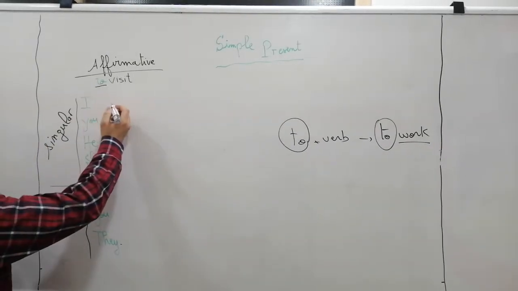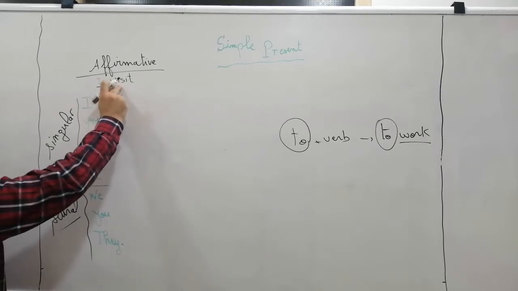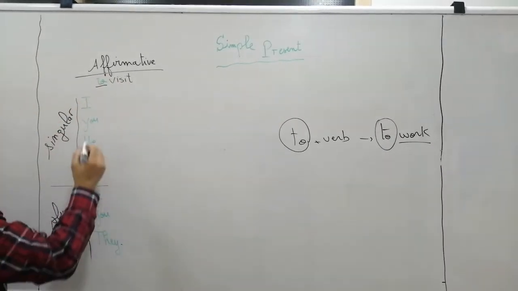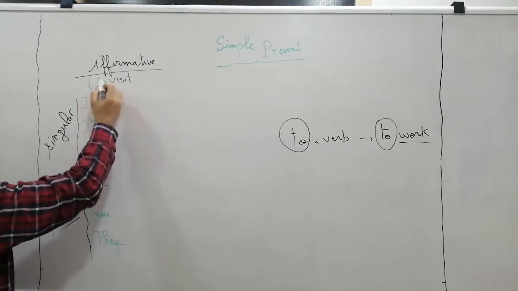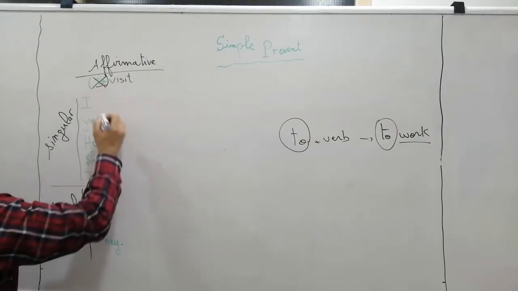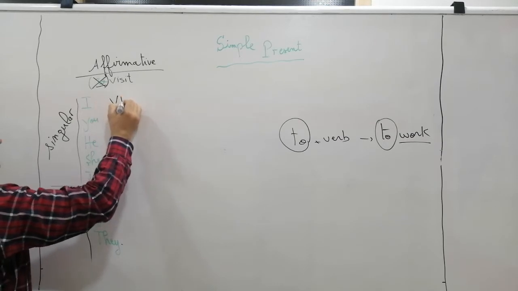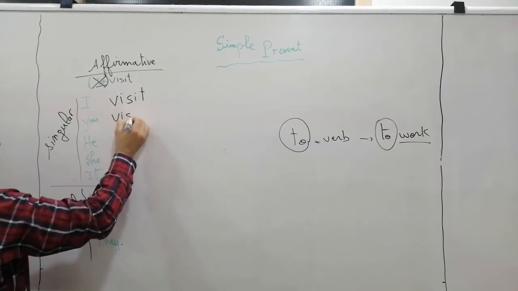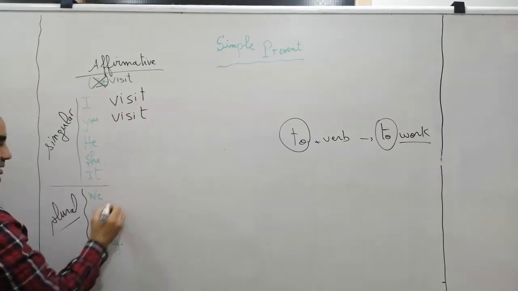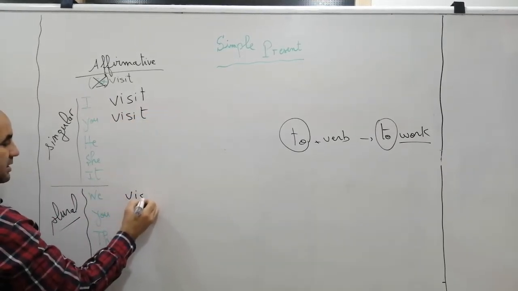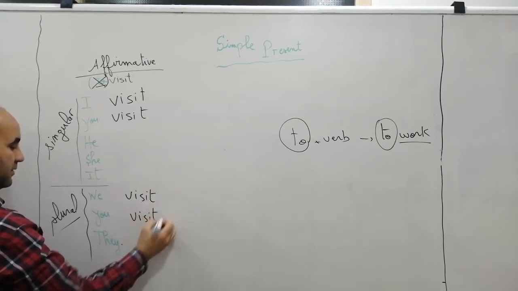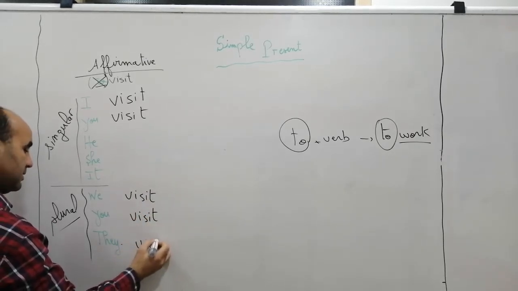Good. For example, let's conjugate the verb to visit in the simple present. Remember, when we conjugate we drop the infinitive. I visit, you visit, we visit, you visit, and they visit.